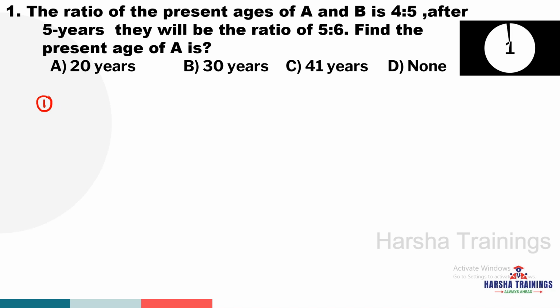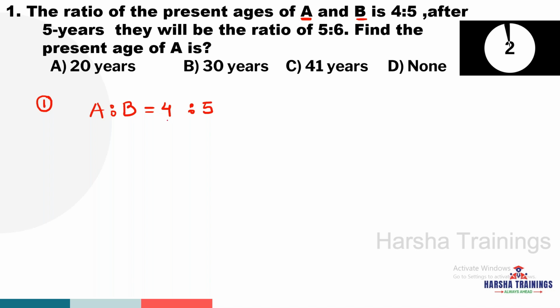Read the question properly and we'll get the answer within seconds. First statement: the ratio of the present ages of A and B is 4:5.